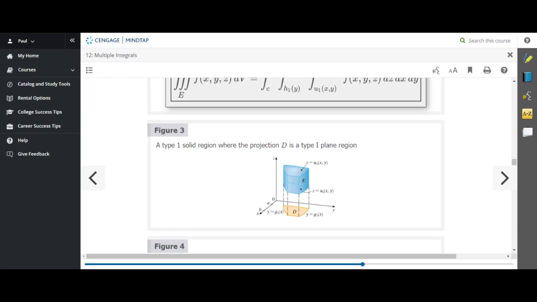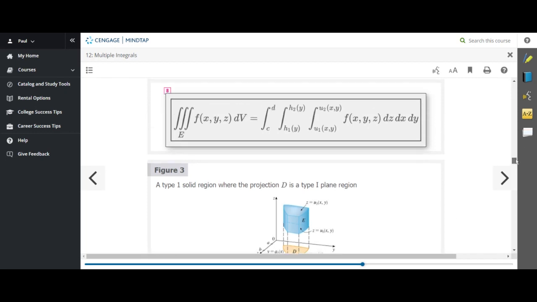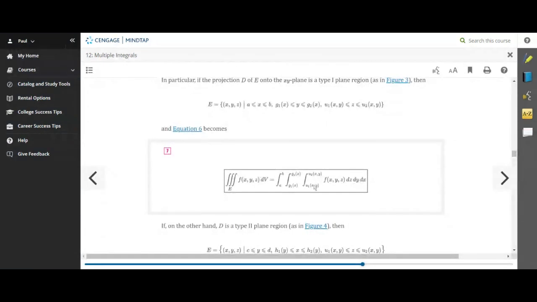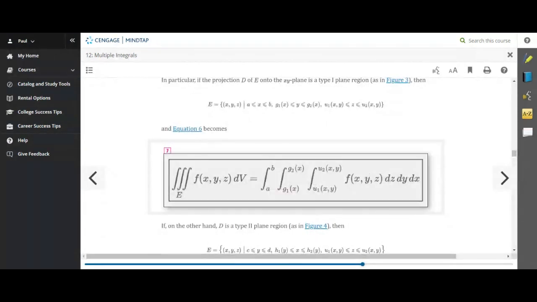So figure 3 would be a situation where you have dz, dy, dx. And so in that case, this would be your triple integral. You see how this works?